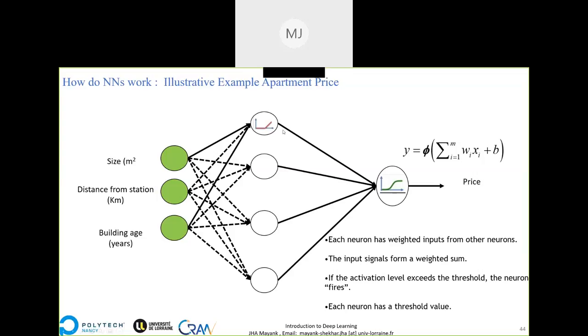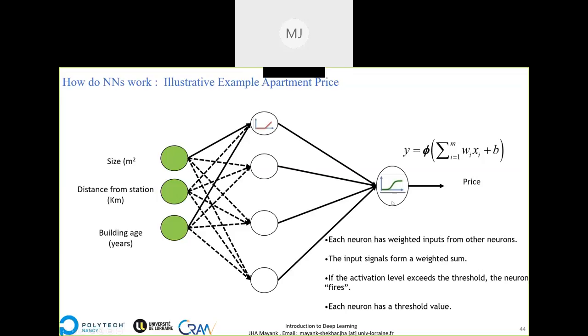So if that's the case, then we have a nonlinear function which is capturing some property of the distribution of the input. What we are saying is that each neuron has weighted inputs from other neurons. You can see it. The input signals form a weighted sum.